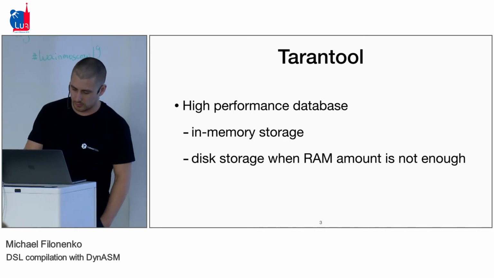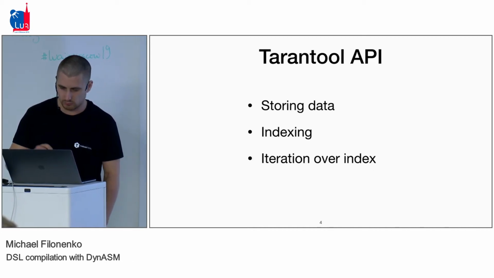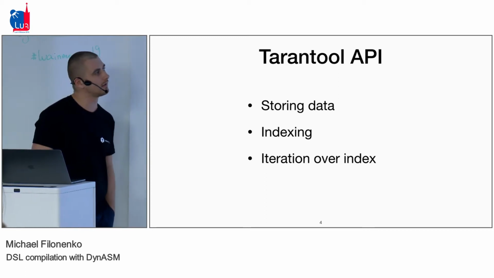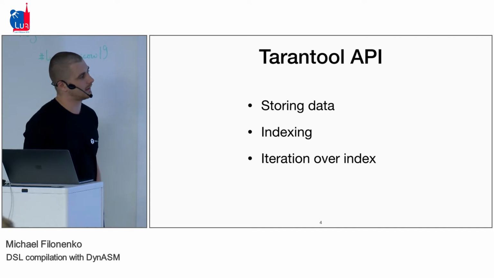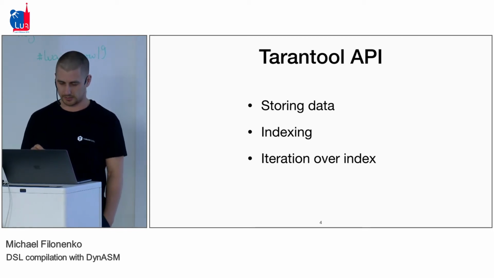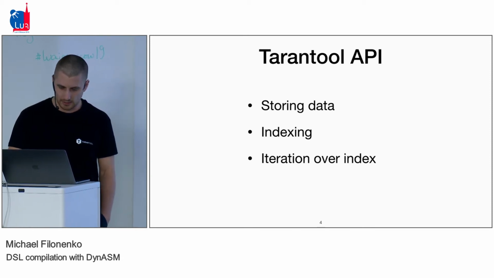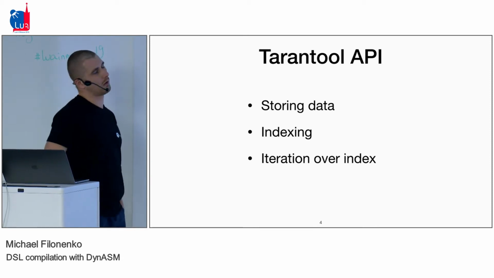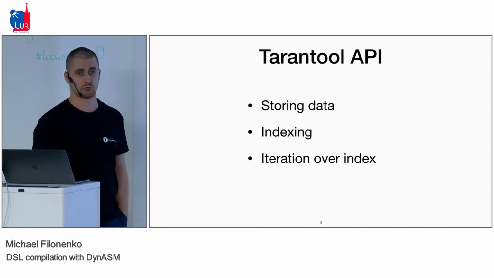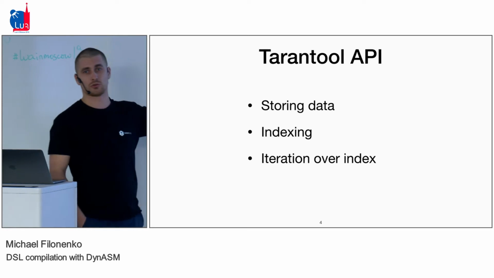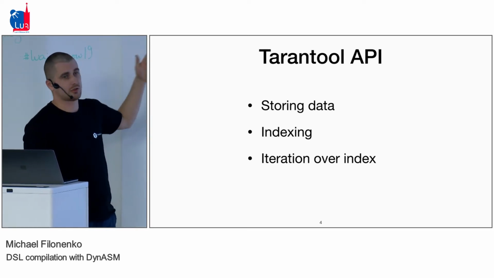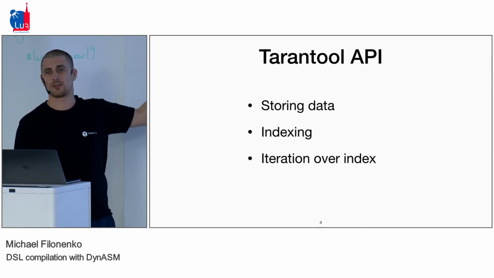And when I use the Tarantul API, it is for storing data, for indexing data, and for iteration over constructed indexes. Tarantul is high performance, and I want to store data as fast as I can, but that is already done by the Tarantul core team.